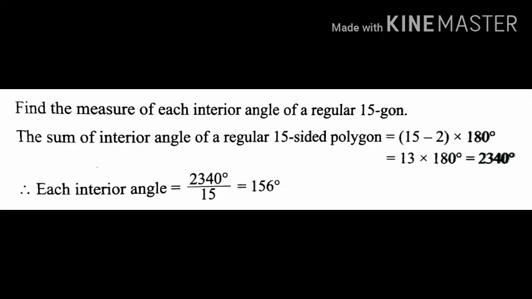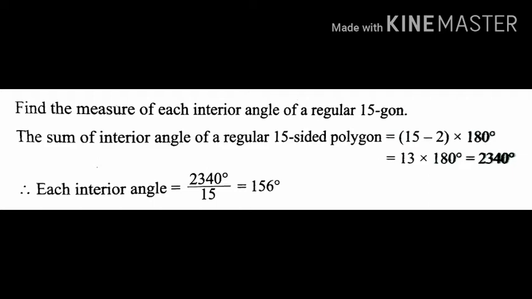Regular means all sides and all angles are equal to each other, and we use the formula (n minus 2) into 180 degrees, where n means the number of sides. So 15 minus 2 into 180 degrees gives me 2340 degrees. That is the sum of all the interior angles of a regular 15-sided polygon.